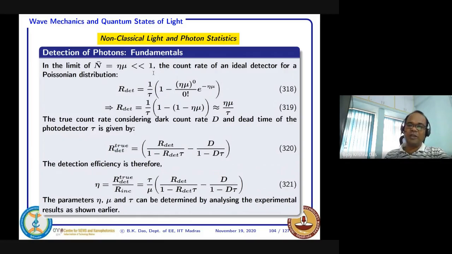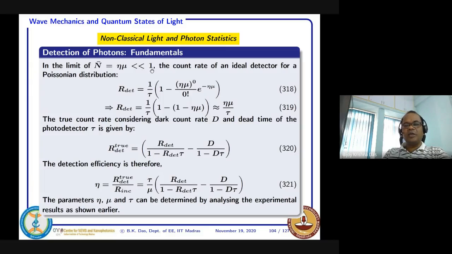Sometimes it may come, much less than 1 photon, meaning it is not a fraction. It overall says that a photon will be there and many times it will not be there. That is how we get eta times mu less than 1, because normally we will be discussing the photon statistics from a semi-classical point of view, right?